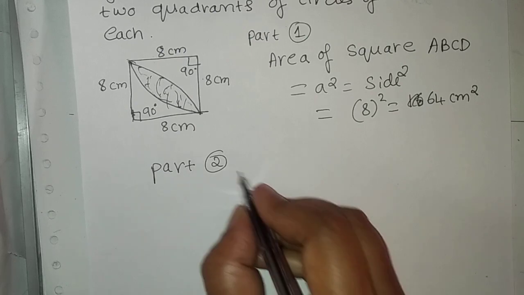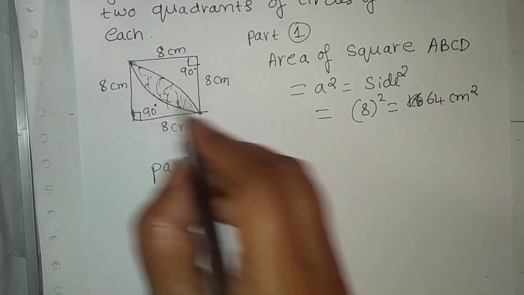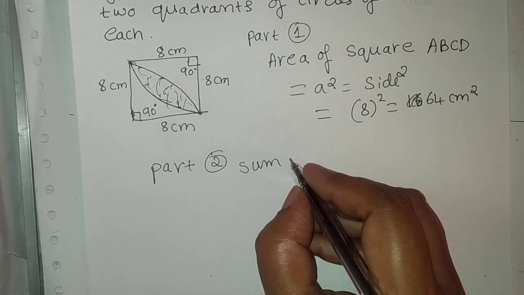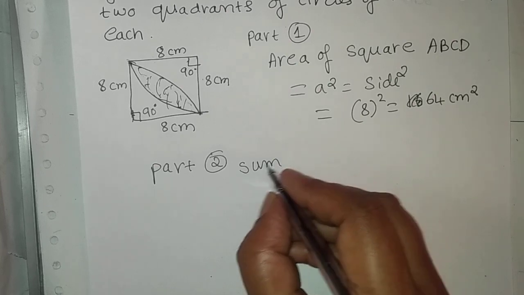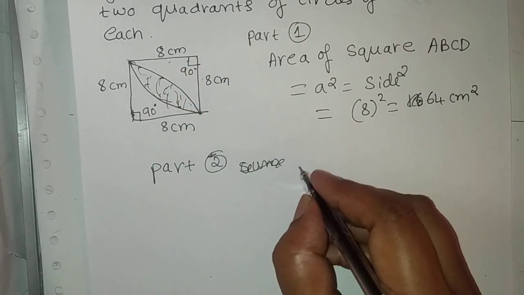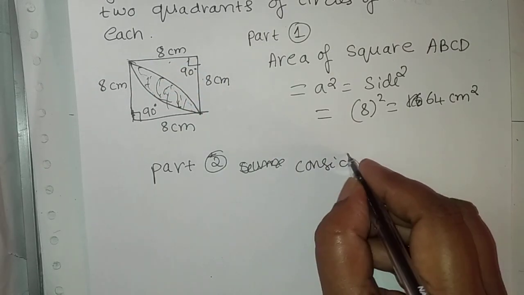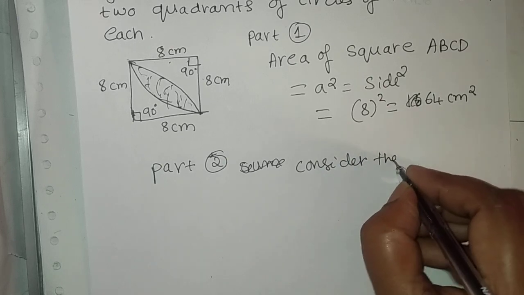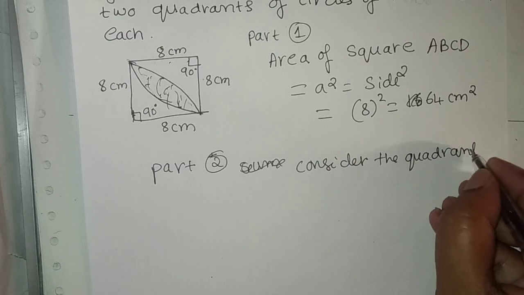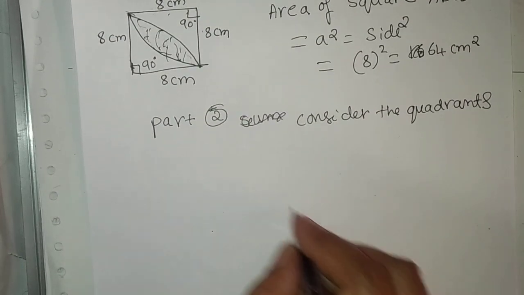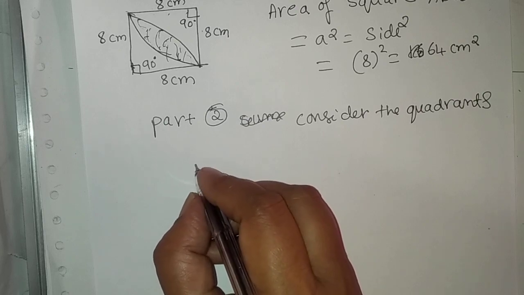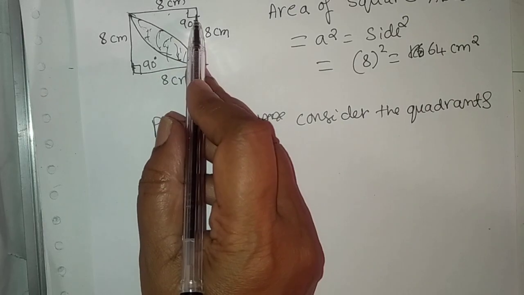After this, the second part, that is part 2. Part 2, that is sum of, there are two quadrants, so we will just write down part 2. We'll consider the quadrants. Consider the quadrants. Therefore, so we'll find out the area of the segment here.